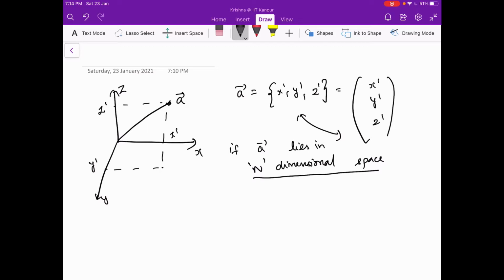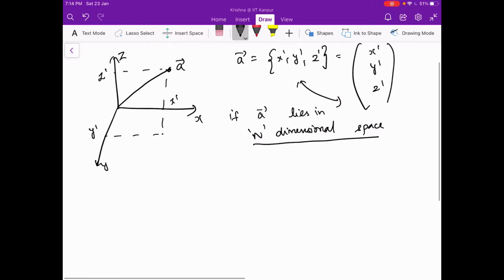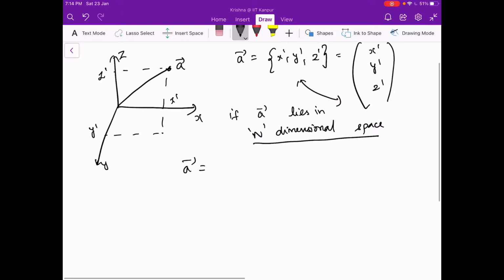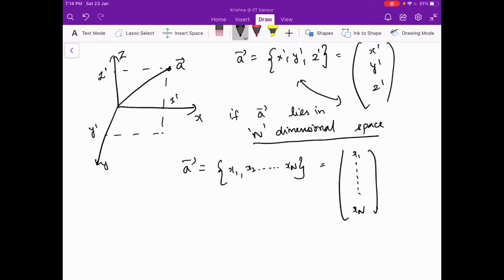So in n-dimensional space, this vector A can be written again in these two fashions. Instead of x, y, z, we will run out of alphabet, so I'm going to write x1, x2, so on till xn, being n dimensional. The same thing you can write in the column form, x1, so on till xn.